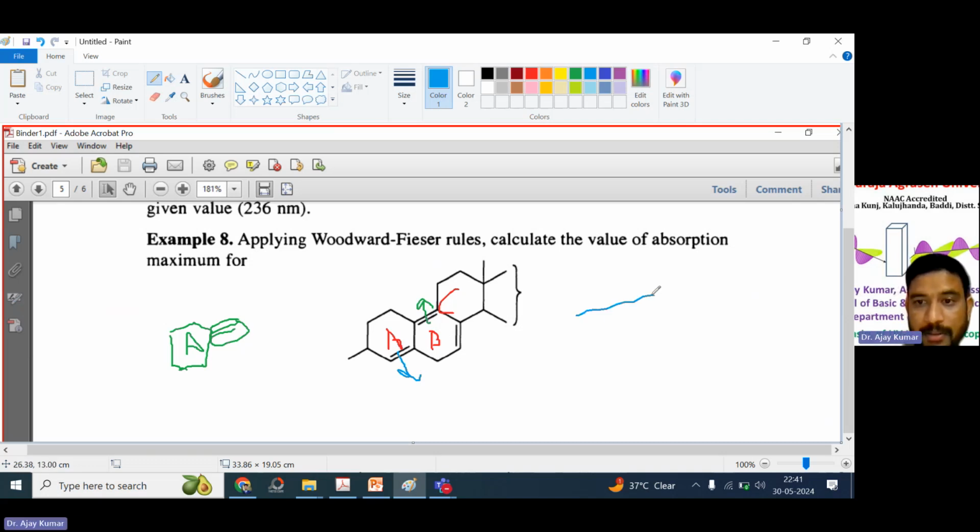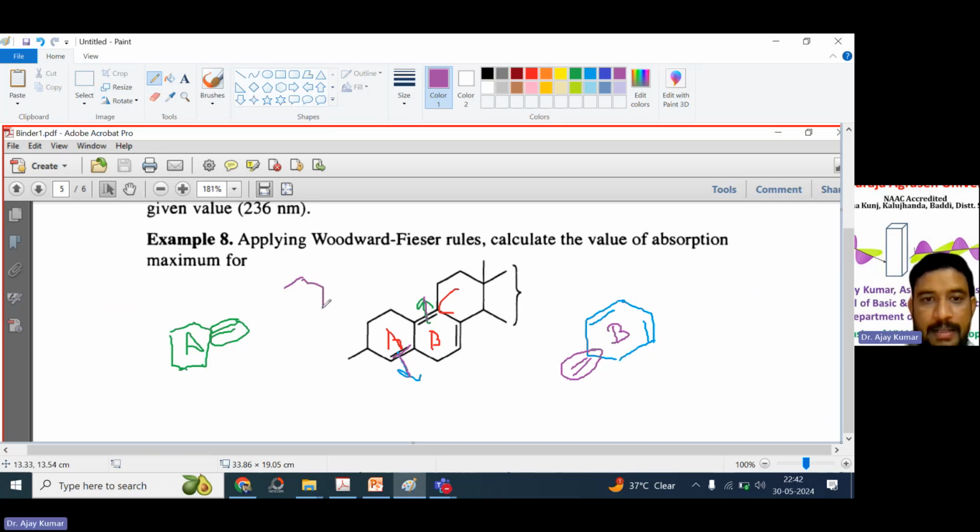So if I draw ring B, such a type of structure is there in ring B, and this one. So this is the exocyclic double bond to ring B. So this bond is exocyclic to ring A, and this bond is exocyclic to ring B. Now for ring C, we have two exocyclic double bonds.